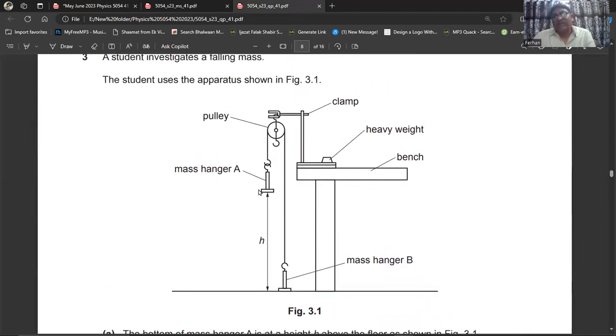Due to the weight of the 5 gram mass, this mass hanger slowly goes down, and obviously the other will go up. You are supposed to note down the time taken for this hanger to touch the ground. You have to measure that time.